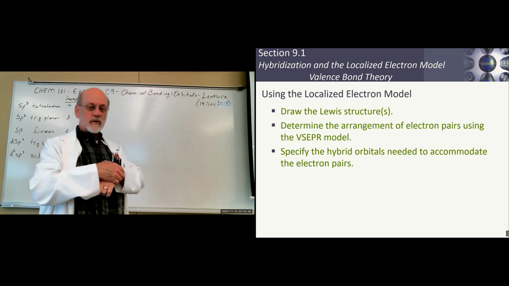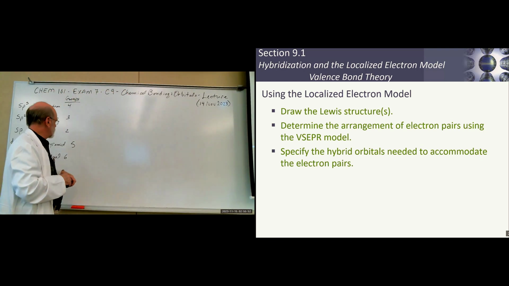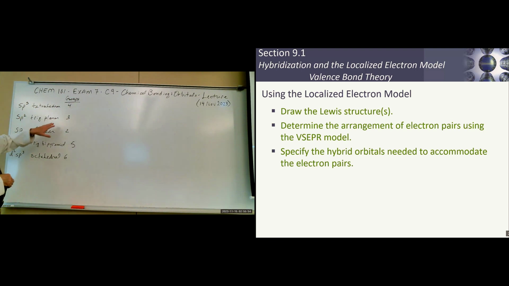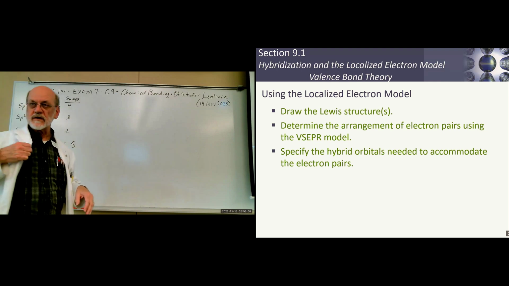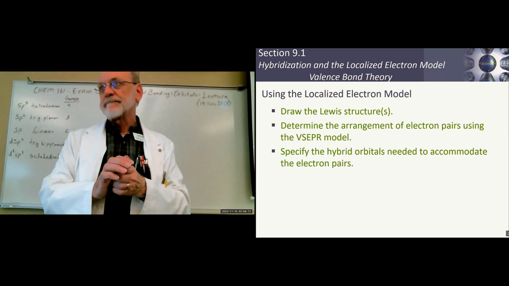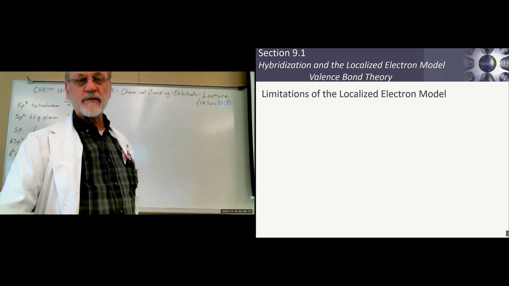Since we know how many lone pairs are required to make that structure, we can use that to tell us what hybridization is required. So if it's 2 groups, you need linear, sp. If it's 3, you need trigonal planar, sp2. 4 groups, you need sp3. 5, dsp3, and 6, d2sp3. It's fairly straightforward.